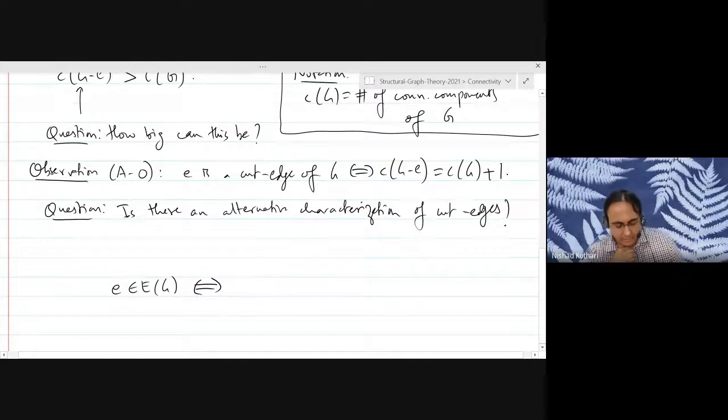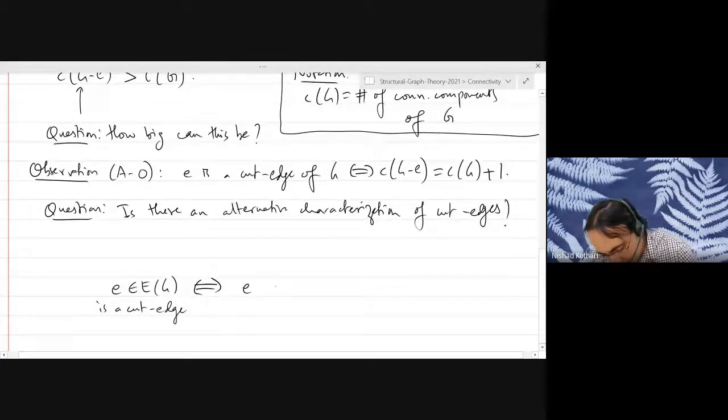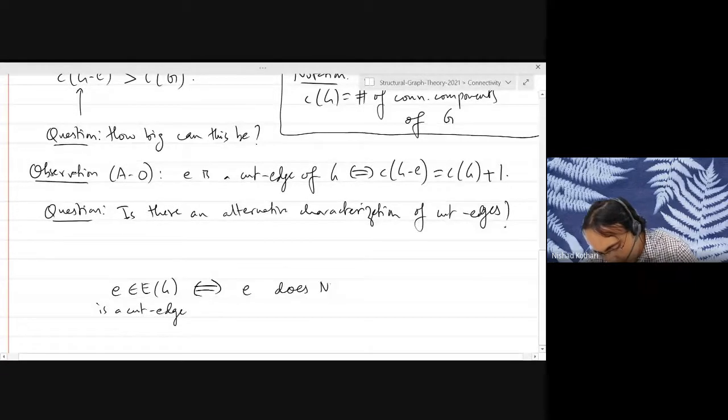Okay, so there might be multiple ways to phrase this. I will go with the second one, and perhaps you can also get the first one that Aranya is referring to. So an edge is a cut edge if and only if the edge does not participate in any cycle.